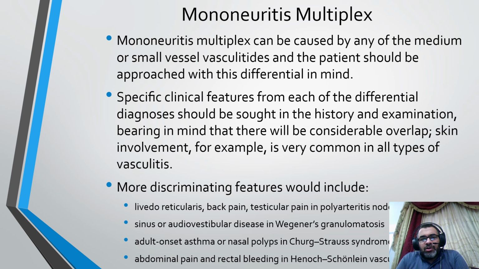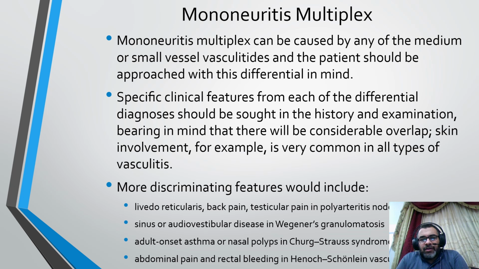Regarding mononeuritis multiplex, it can be caused by any of the medium or small vessel vasculitides, and the patient should be approached with this differential in mind. Specific clinical features from each of the differential diagnoses should be sought in the history and examination, bearing in mind that there will be considerable overlap.